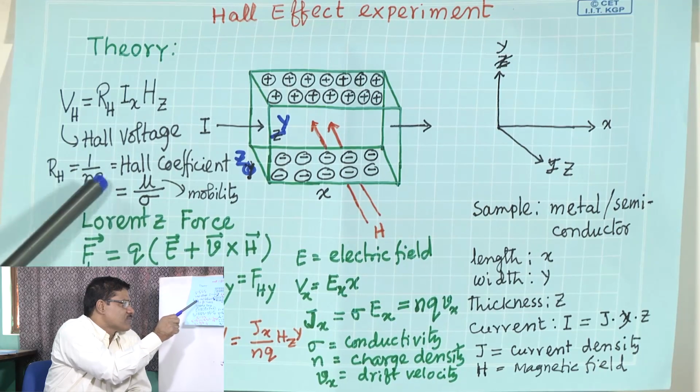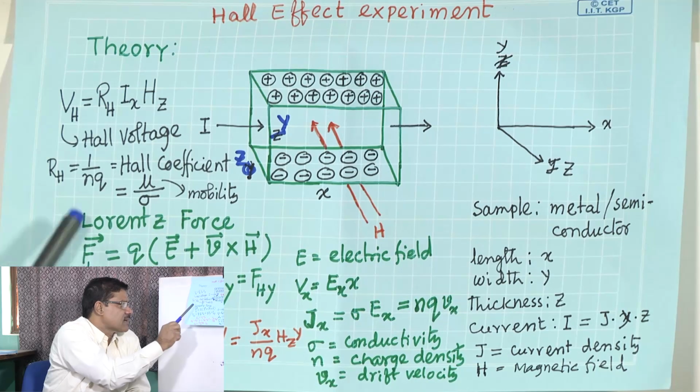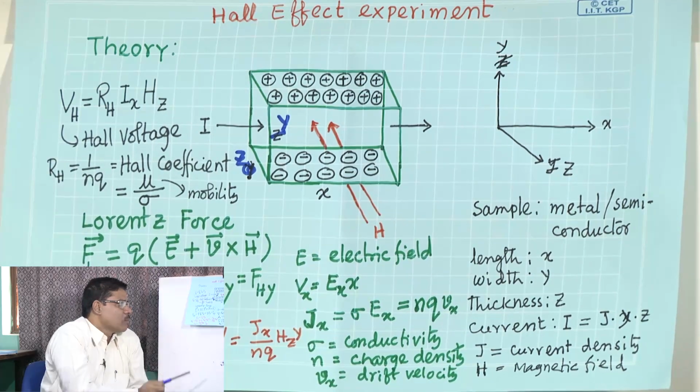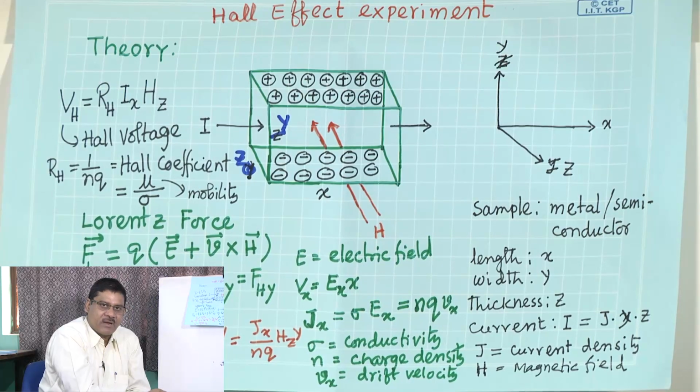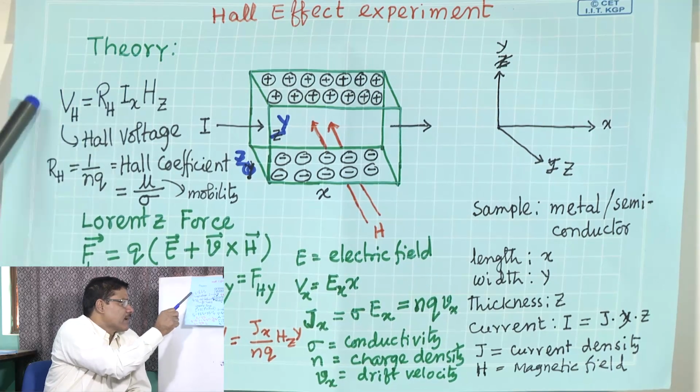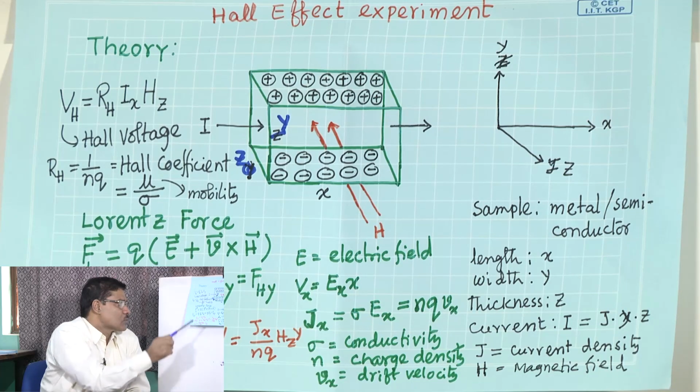When it is P-type, the carriers are holes, the charge of a hole, equal to the electronic charge but with a positive sign, so RH will be positive. So the Hall coefficient is positive, and the corresponding Hall voltage will be positive for P-type carriers, and for N-type carriers the Hall voltage will be negative.